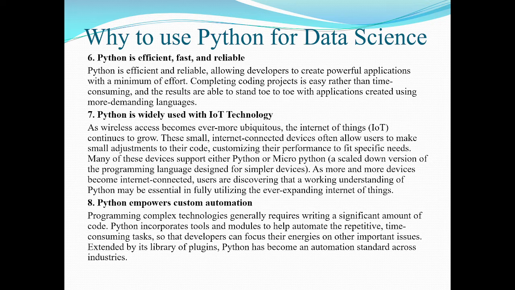Many of these devices support either Python or MicroPython. MicroPython is a scaled down version of the programming language designed for simpler devices. As more and more devices become internet connected, users are discovering that working knowledge and understanding of Python may be essential in fully utilizing the ever expanding IoT.